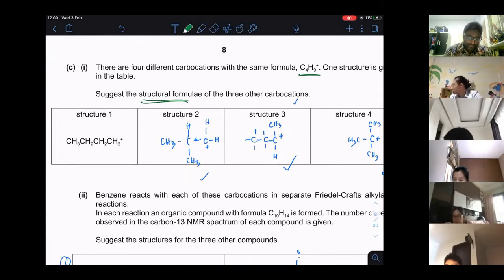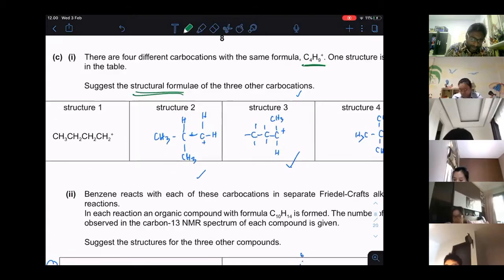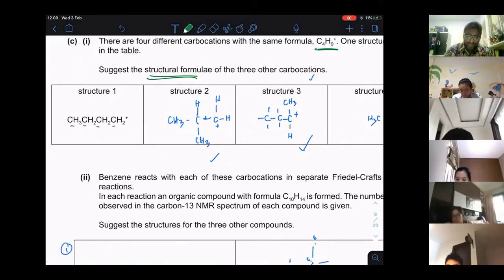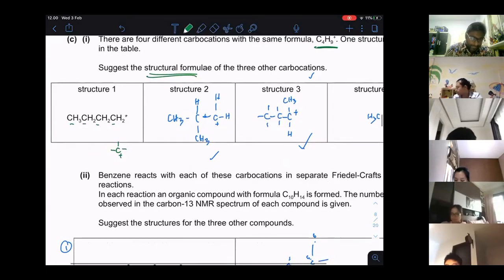Here I noticed that you have 4 carbons, and this carbon has the positive charge. If I draw it, it will look like CH2 plus, and the rest is C3H7. So this is going to be a primary carbocation. But can I come up with a different kind of carbocation?